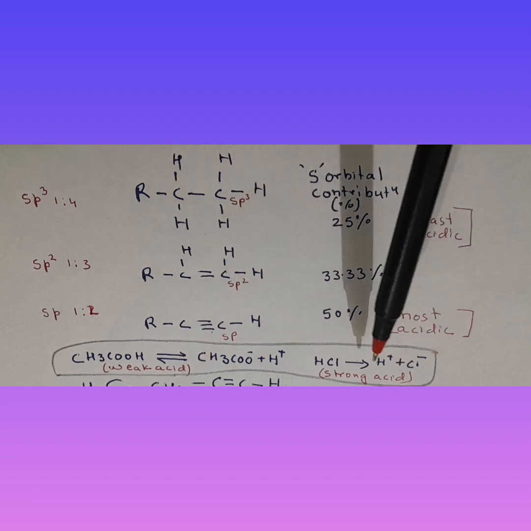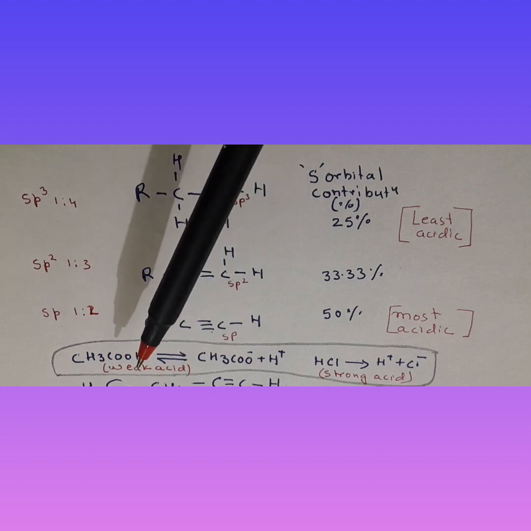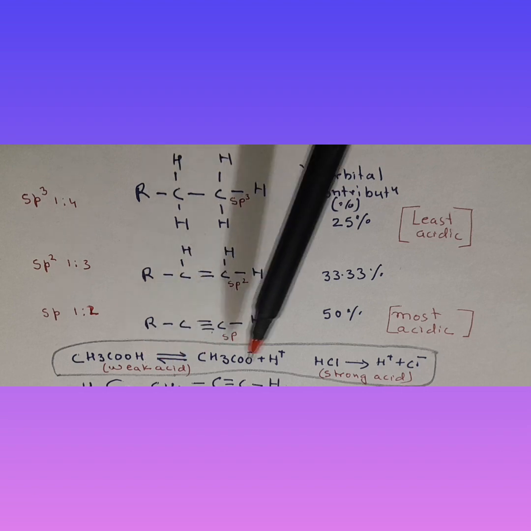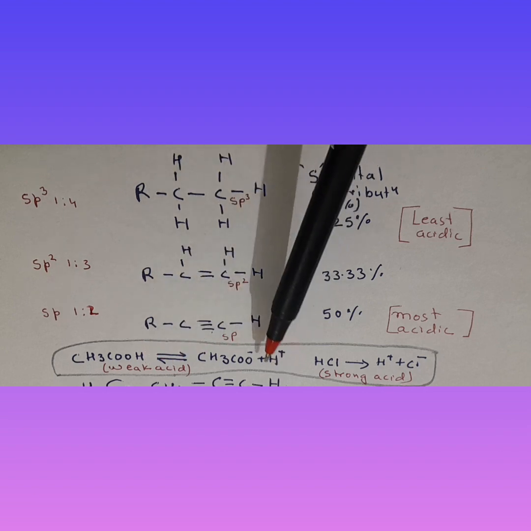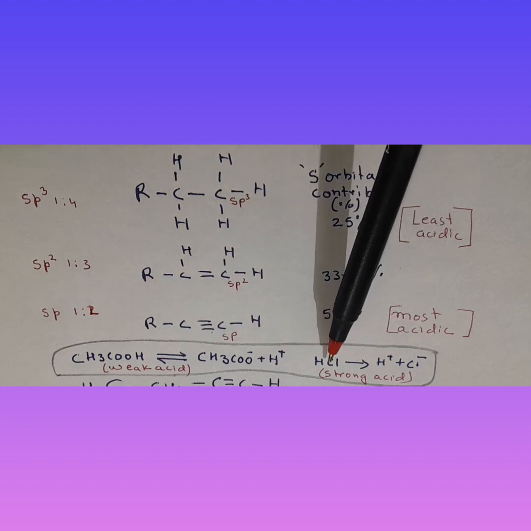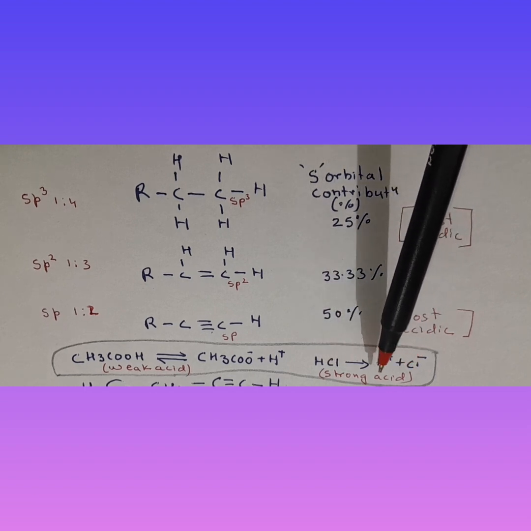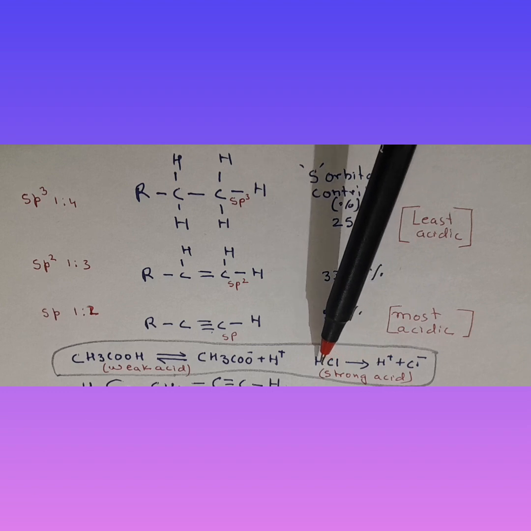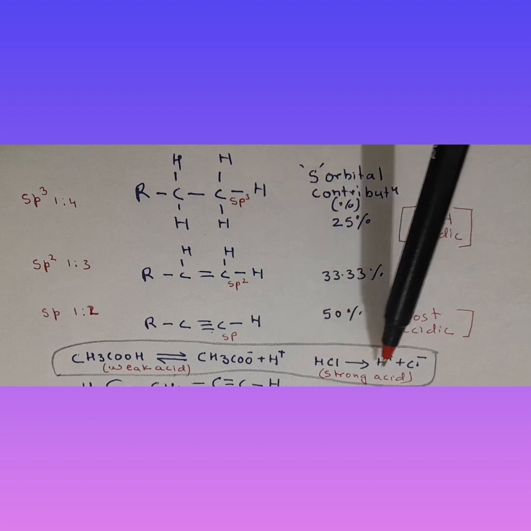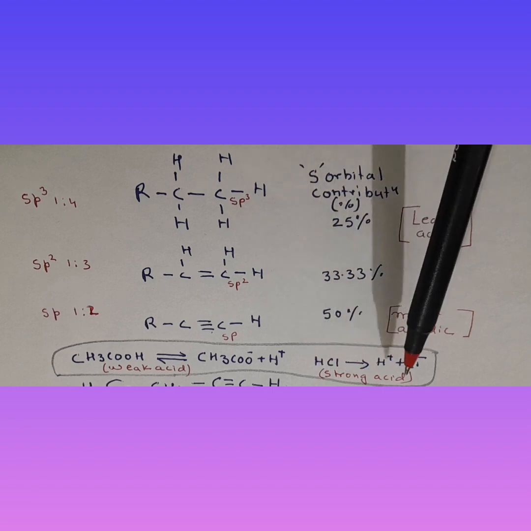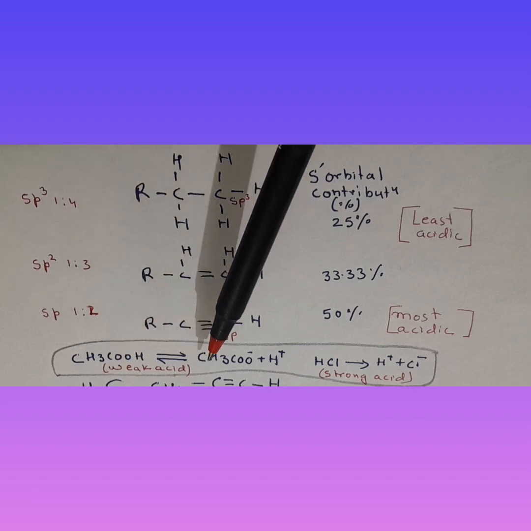Both are acids. What's the difference? If you put acetic acid in water, it dissociates very weakly, so less H ion would be there. Whereas if you put hydrochloric acid into water, it would instantly dissociate and give you the entire H plus ion. This is called a strong acid, and that is called a weak acid.